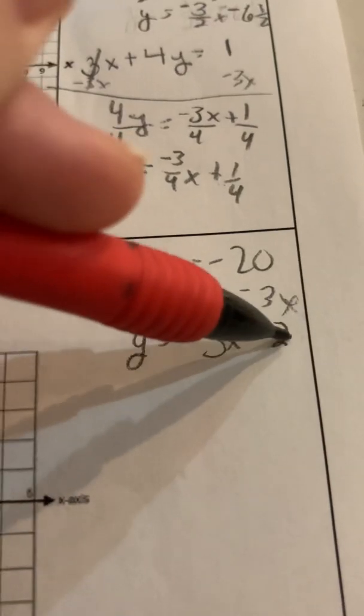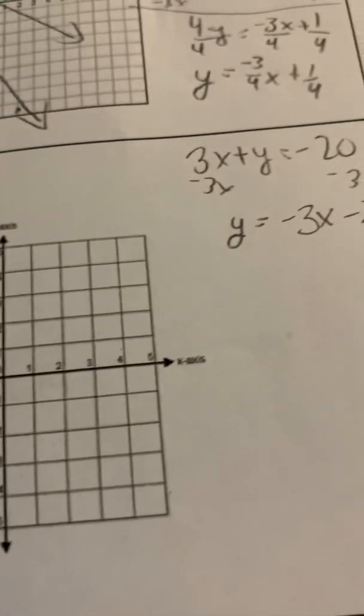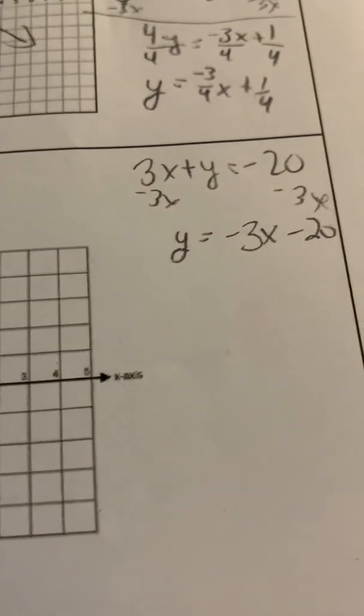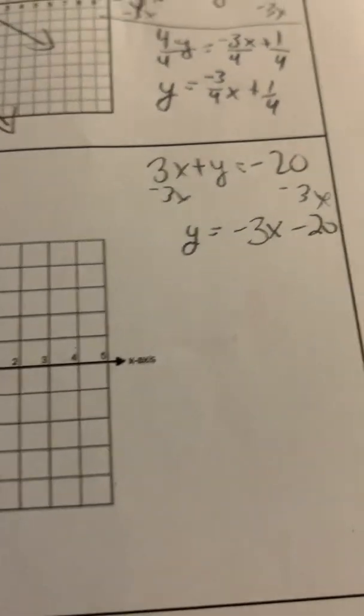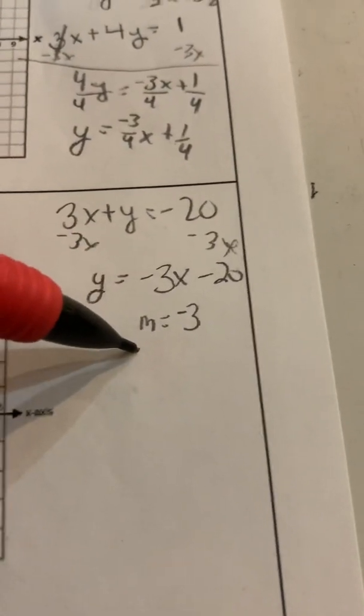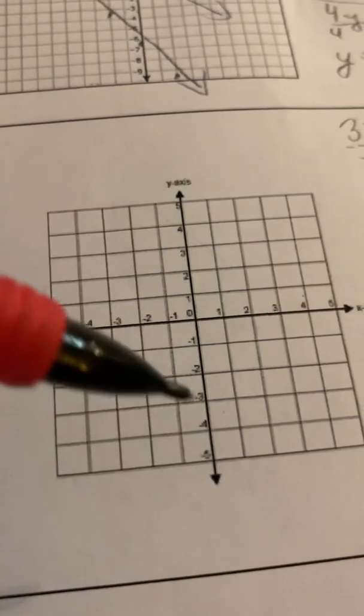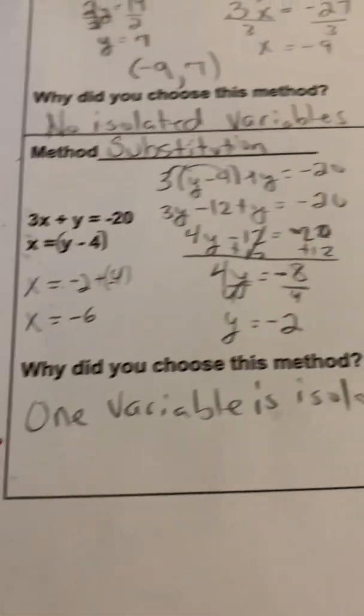And you can see I did not leave enough room on this graph for you to graph that, but I'll show you how you can solve it. Because my m is negative 3 and my b is negative 20, and I don't have 20 on here, so that's not going to work on graphing, but I'll show you still how we can do that.